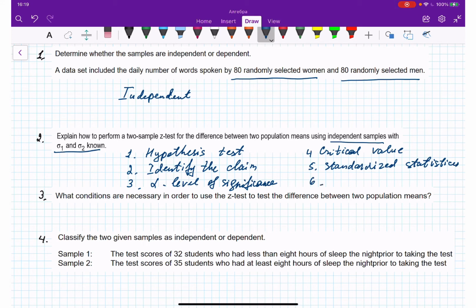And then we need to compare the standardized statistic to the critical value, so we can make a decision: compare the critical value to the z-test.